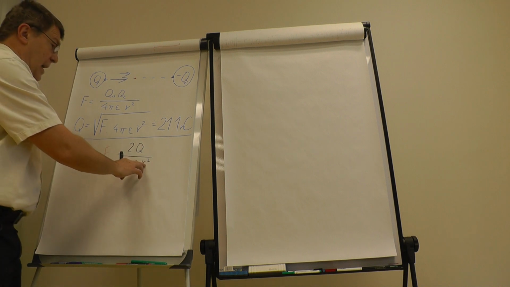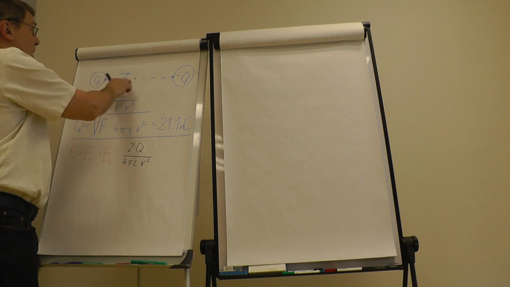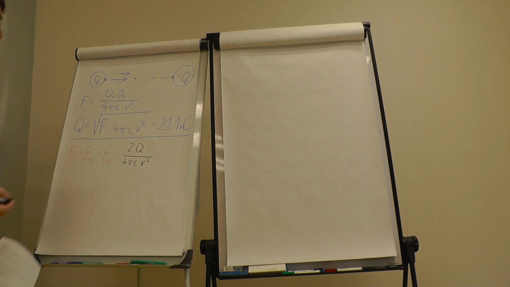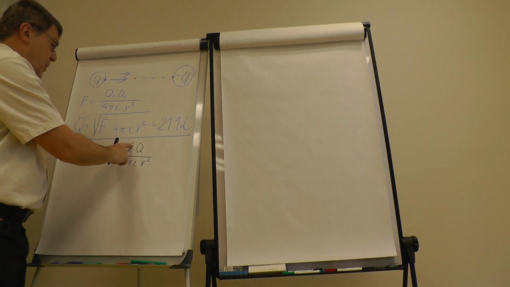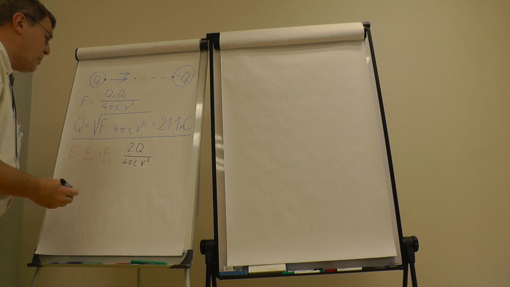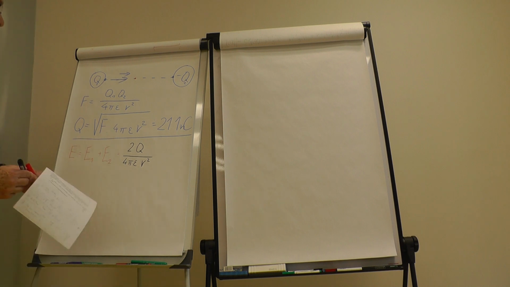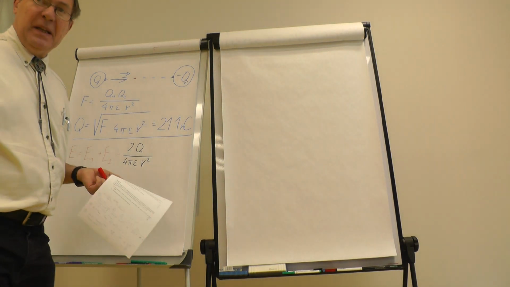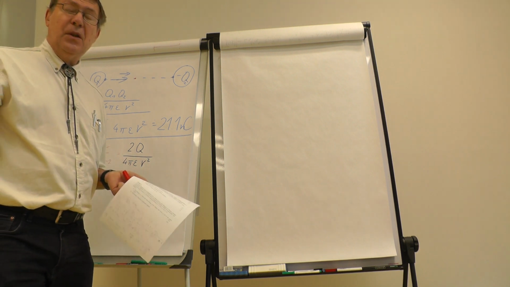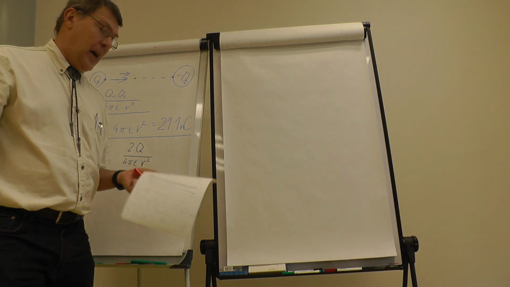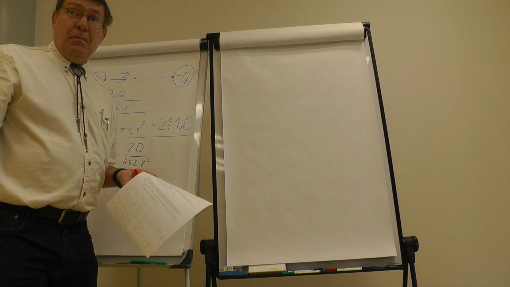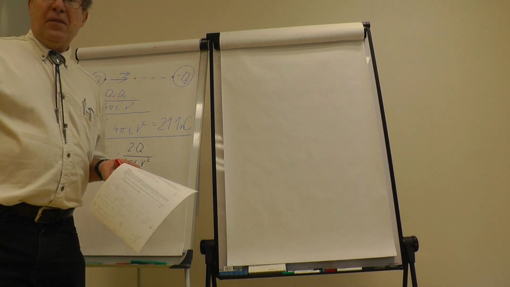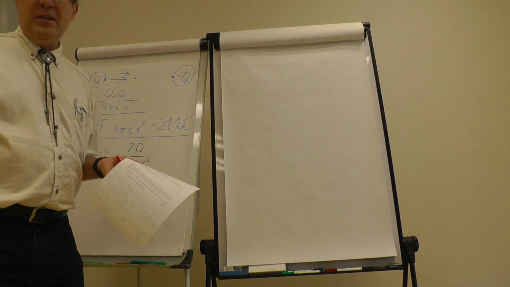Now r is just 1 meter, so squared again 1 meter. We divide 2q by 4 pi epsilon, where epsilon is the free space permittivity, 8.855 multiplied by 10 raised to minus 12 farad per meter.